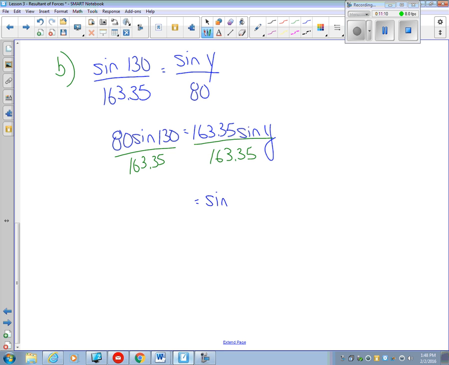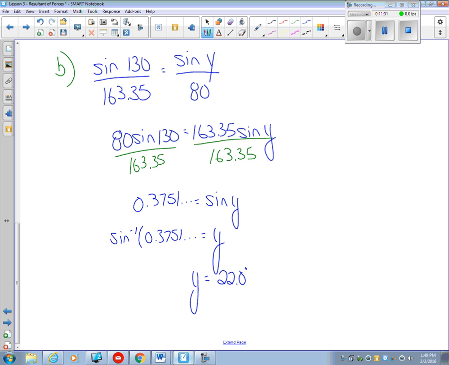So we'll get sine y on this side. On the left side we get this big ugly decimal, 0.3751. But that's okay, because what we're doing with that, we're taking the inverse of it. 0.3751, all that stuff on your calculator. And what do we get for y? Hopefully, you guys end up with 22.0.